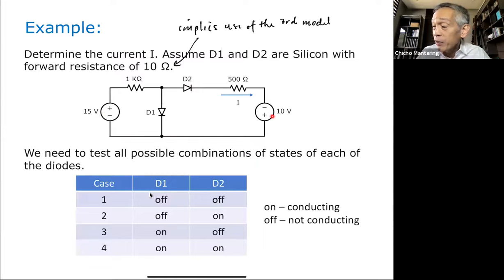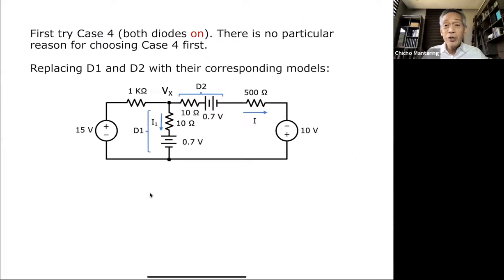For this particular diode, this 10 is also in the direction of the 15-volt, making current go around this way. So it's really just an educated guess that I will choose case 4, but you can choose any particular case to start. So I choose case 4, both diodes on.